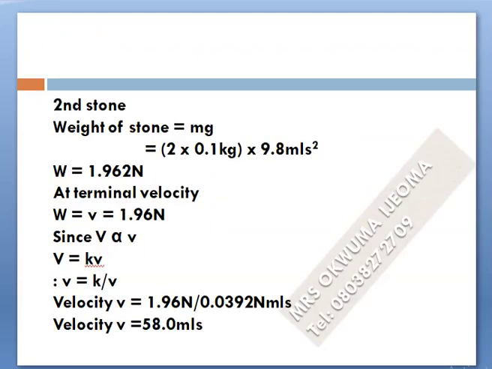So when we divide that, we will have our K. Our K, that is 0.0392 Newton meter per second. That's the value of our constant K.